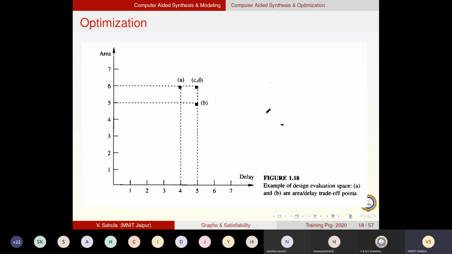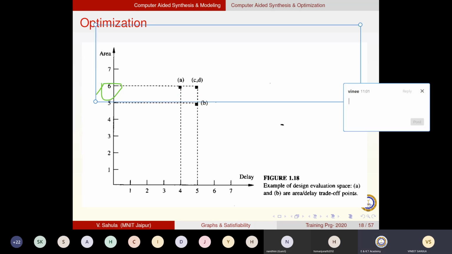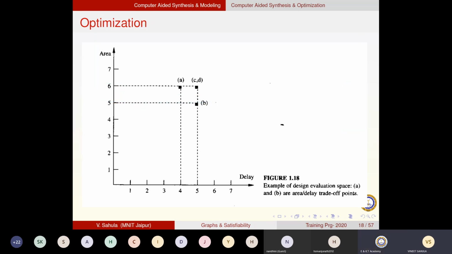In logic synthesis, with the same gate structure, I can say that my delay is lower or higher, and my area is lower or higher. So this exploration happens. I am not going into detail of this. I'm just indicating there is an optimization inbuilt into the synthesis.